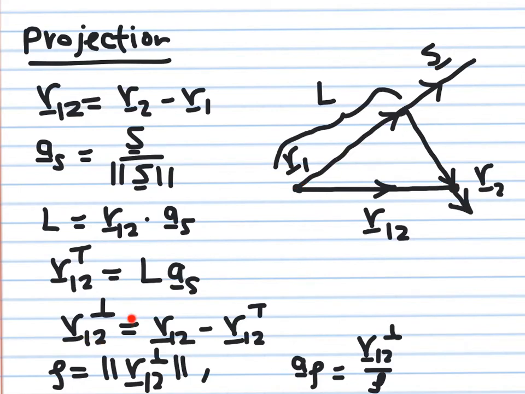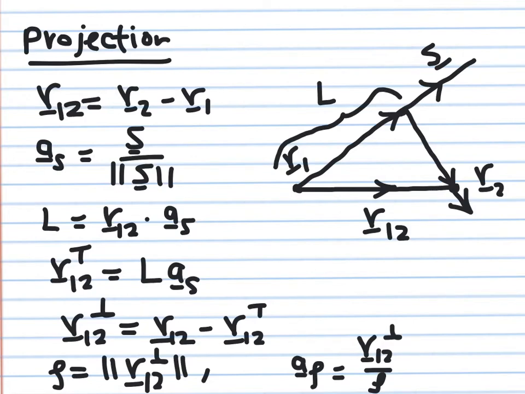Once I have R1,2 normal, I know what is rho. So this length here, which I call rho, is the length of this vector. And A rho, which is the unit vector in this direction, is simply equal to the unit vector in the direction of R1,2 normal, which is simply R1,2 normal divided by its length. So this is really the procedure for calculating this distance.